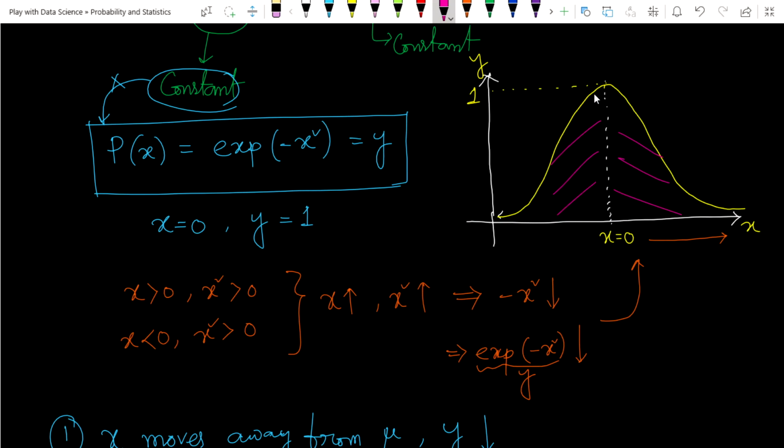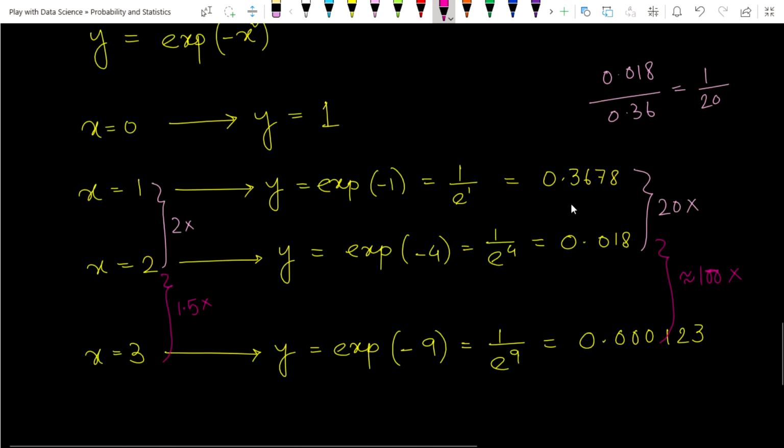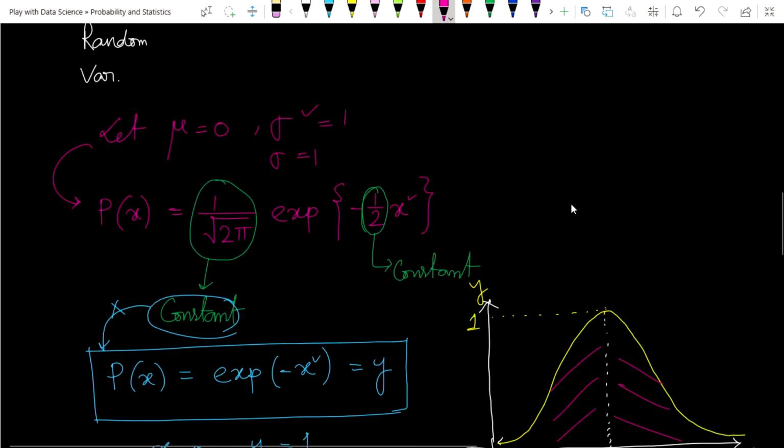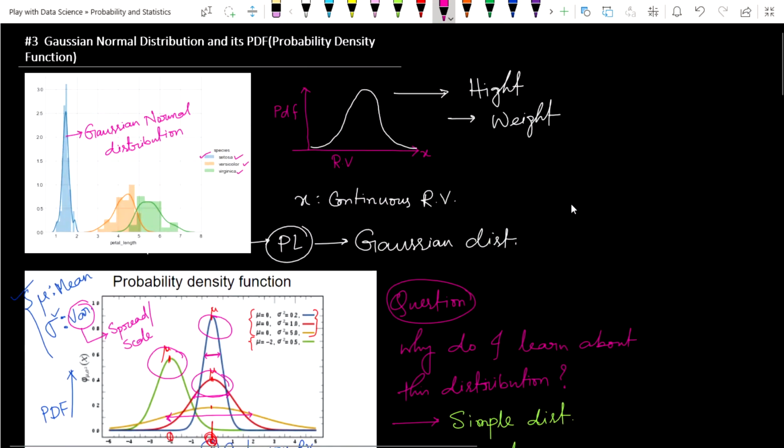But the value drops on both sides of our mean exponentially, as a quadratic function. It drops the value as a quadratic form in an exponential. This is the main characteristic of how the Gaussian normal distribution looks. I think you have understood the motto.